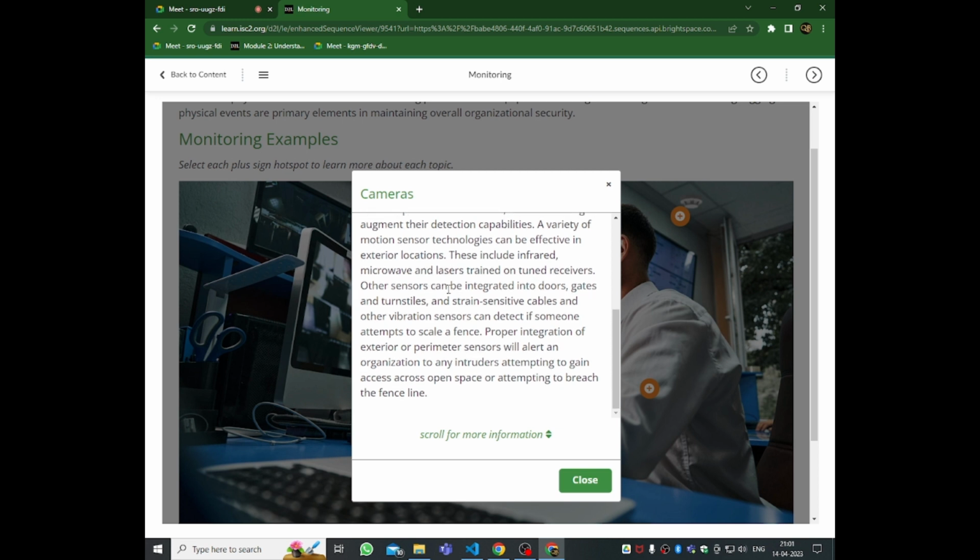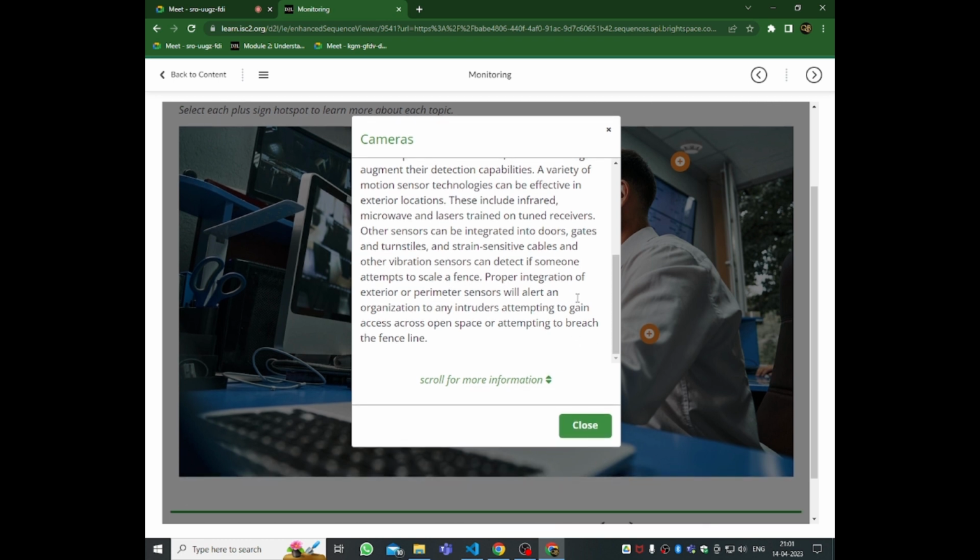Other sensors can be integrated into doors, gates, and turnstiles, and strain-sensitive cables and other vibration sensors can detect if someone attempts to scale a fence. So proper integration of exterior perimeter sensors will alert an organization to any intruders attempting to gain access across open space or attempting to breach the fence line.